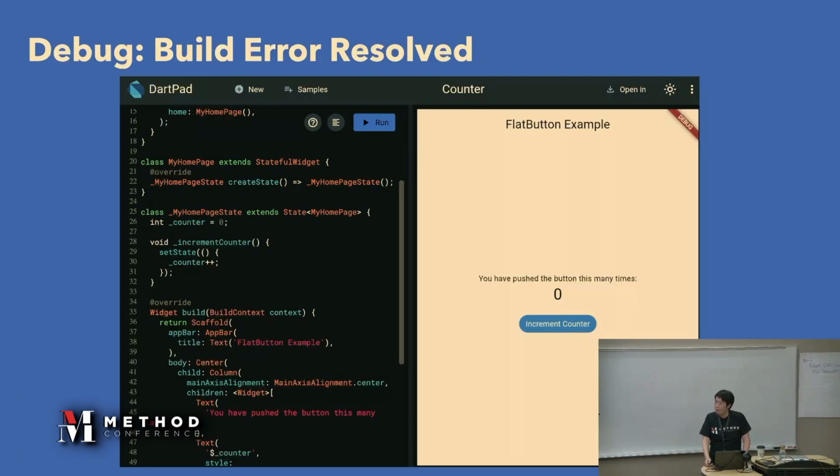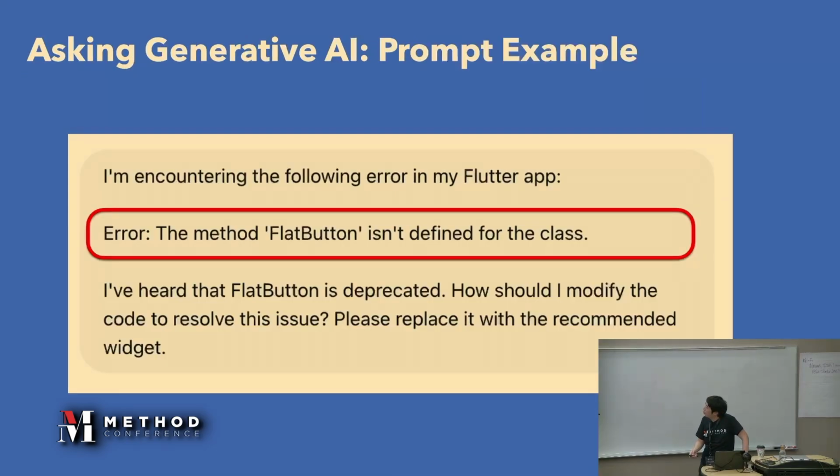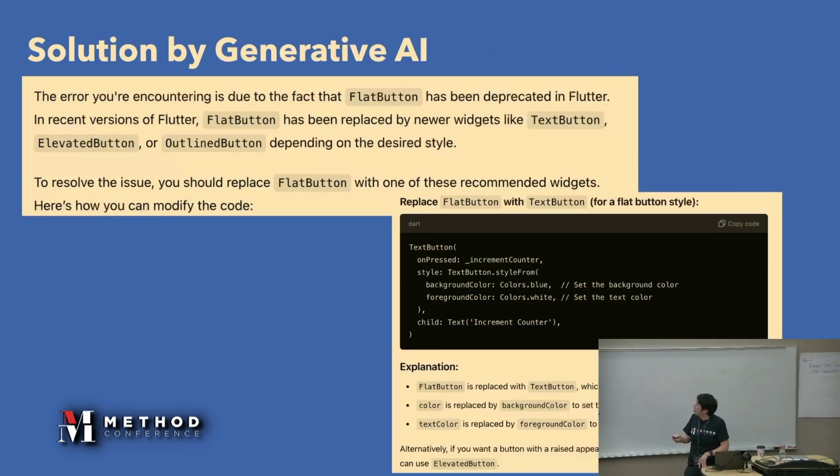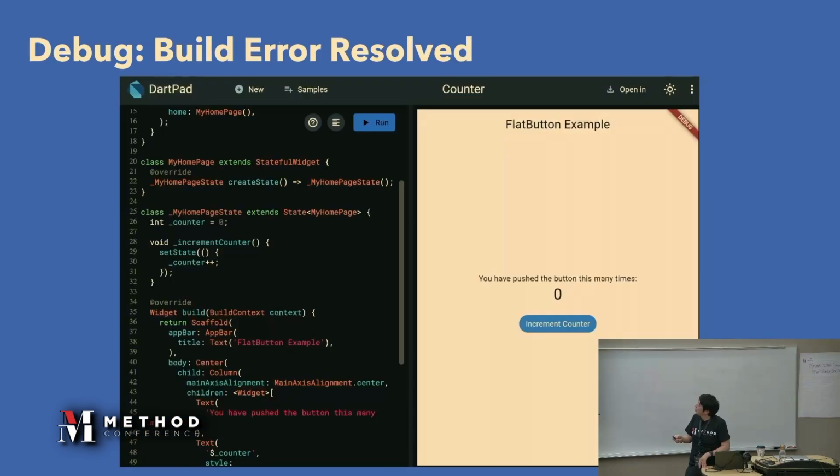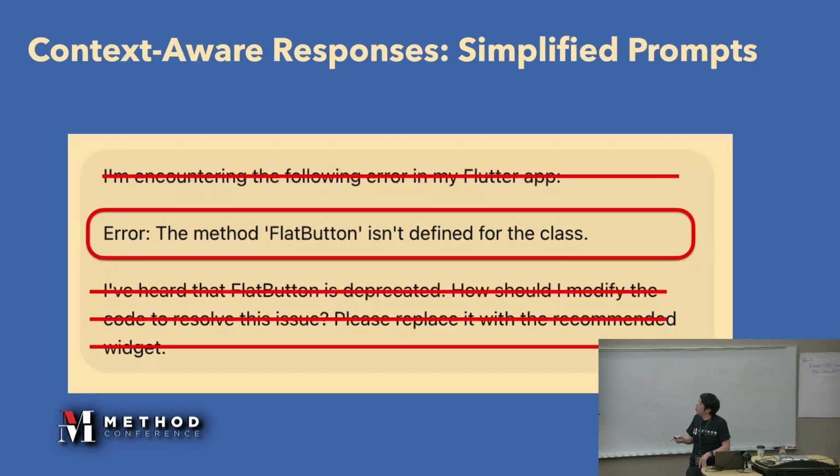But everyone may think this prompt is very long, so it's very tough to create a prompt like this. But here is a tip for this problem. It's because generative AI has an understanding of context-aware responses.